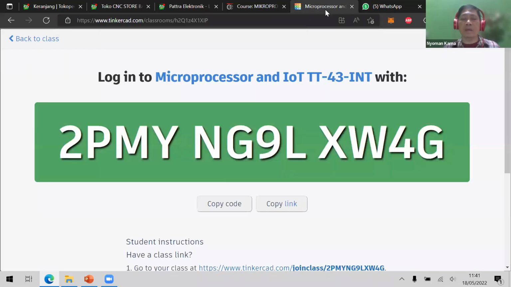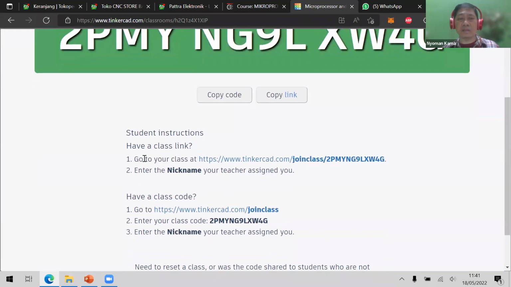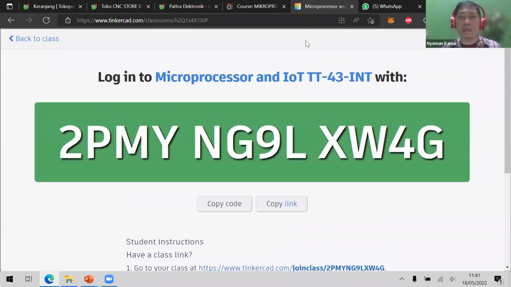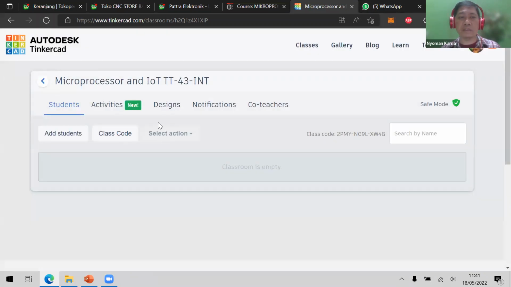Now, after this, you need to create your own account in Tinkercad, but I believe you already have a Tinkercad account, and then join this class. So go to your class, enter a nickname, and then back to the class.